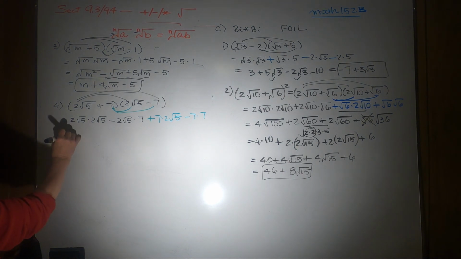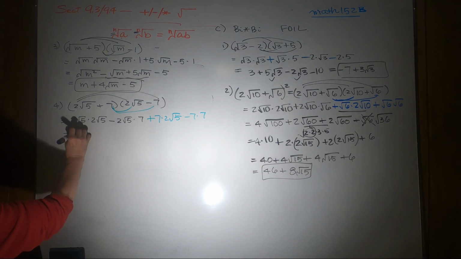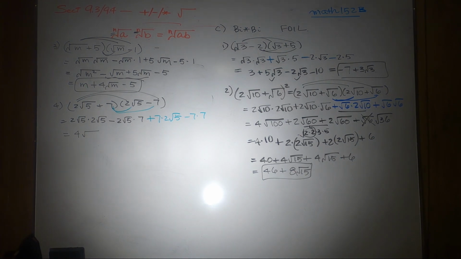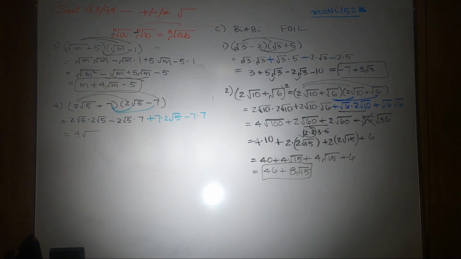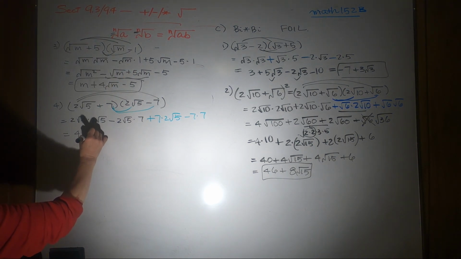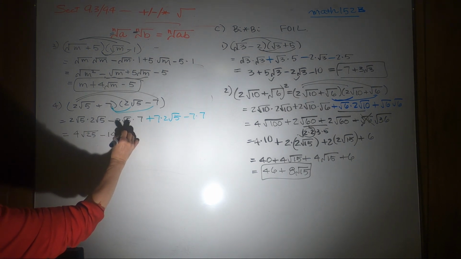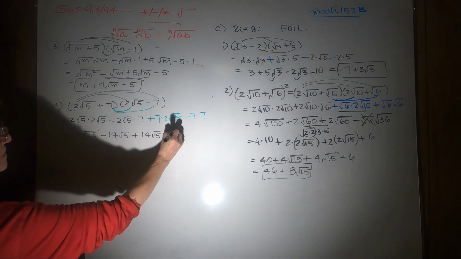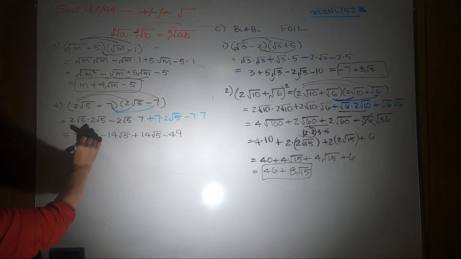So they become mono and mono, multiplying separate terms. 2 times 2 is 4. Then same radical, same kind, you can just multiply inside by the product rule: 5 times 5, 25. And this one, 2 times 7, 14 square root of 5, plus another 14 square root of 5, minus 7 times 7, 49. And what is square root of 25?